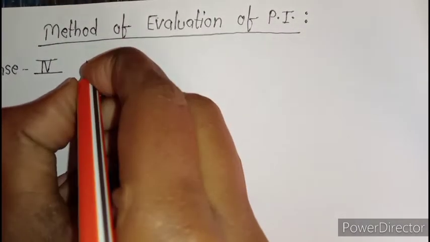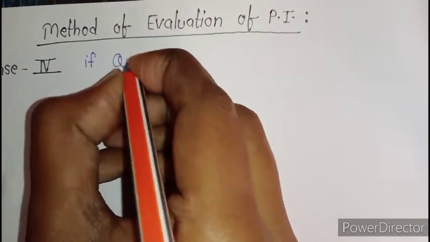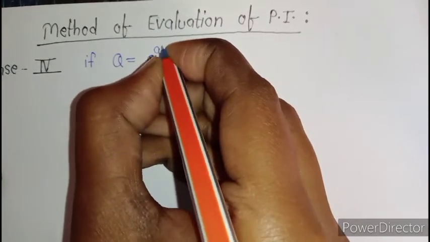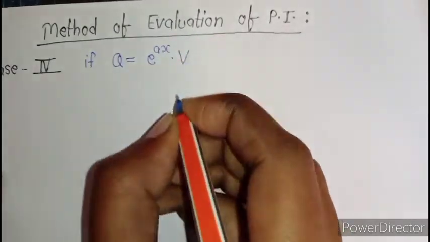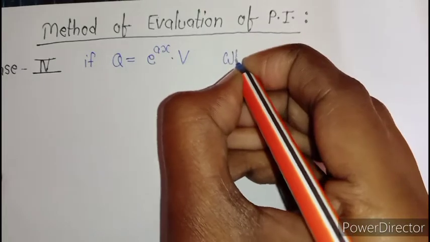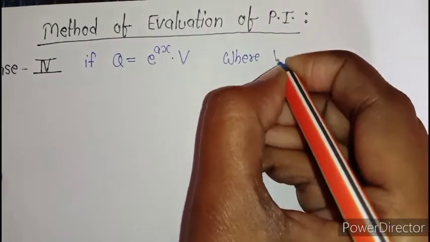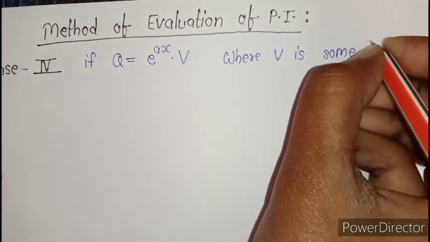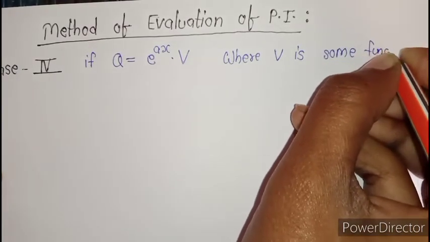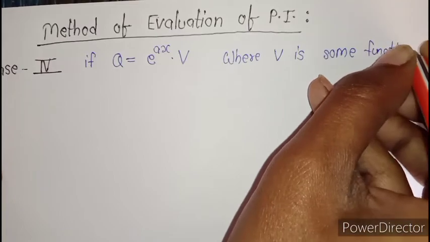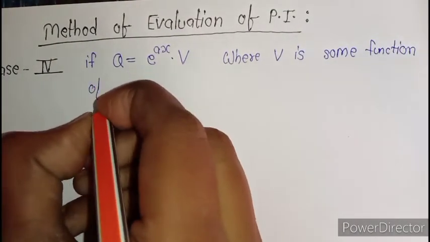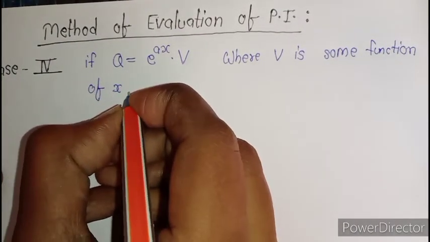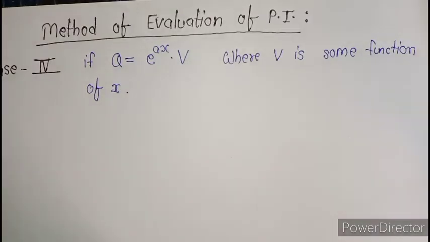That is, if Q is the product of two functions, of the form e raised to power ax into v, where v is some function of x, then how can we find the PI for this function?